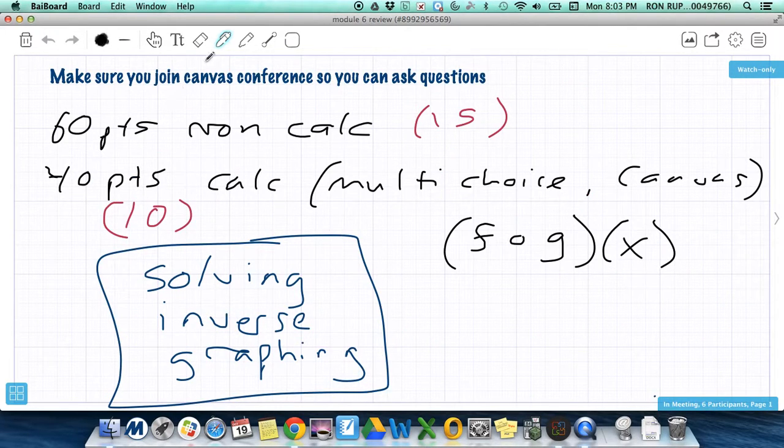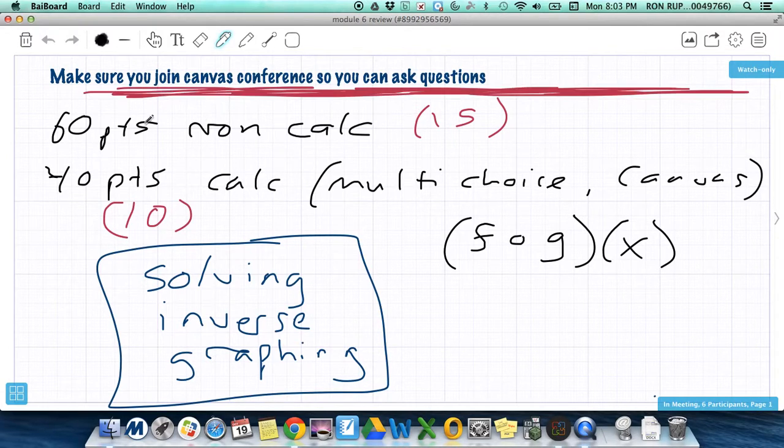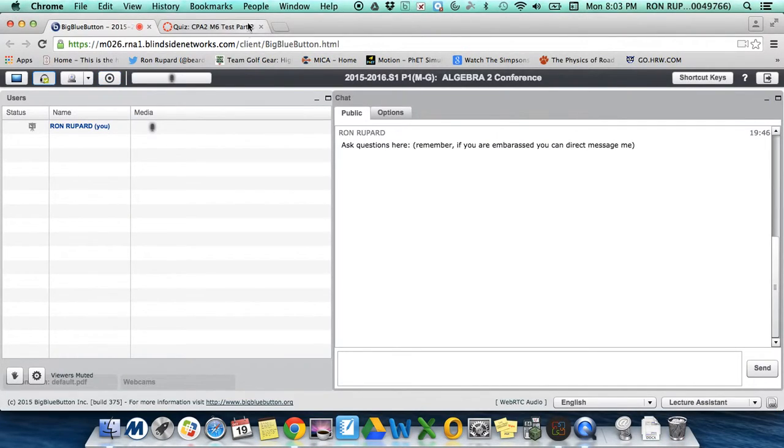Make sure you join the Canvas conference so you can ask questions. I'm going to underline that in red so maybe the people who are seeing it can figure it out. Make sure that you're joining the Canvas conference so you can ask questions. I'm not going to feel bad for you guys if you're not paying attention to instructions.